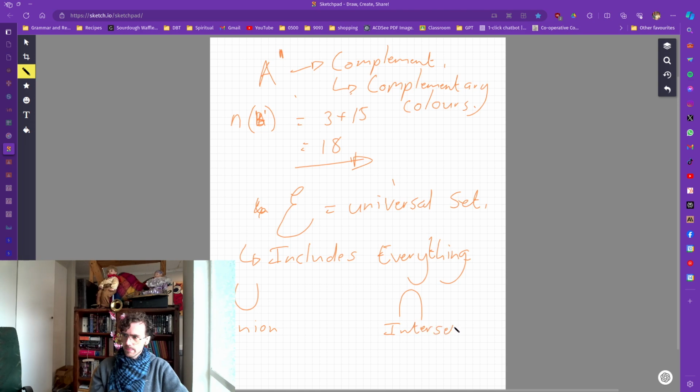Union means that it's in one or it is in the other. It doesn't have to be in both. Just one of them has to have it. But intersect means that both must have it because both are touching it. Make sense?